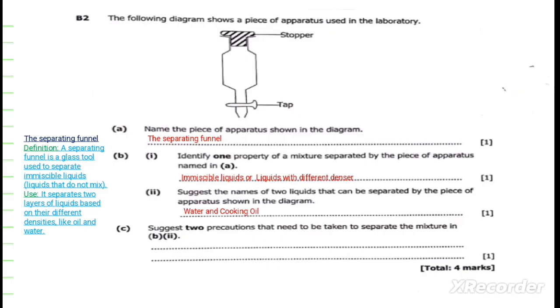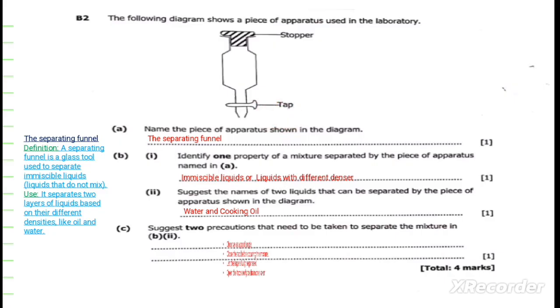Precautions are simply steps, methods, or procedures that a person needs to follow whenever conducting an experiment in order to avoid mistakes. So what are 2 precautions that we need to follow whenever we are conducting an experiment using this piece of apparatus known as the separating funnel?